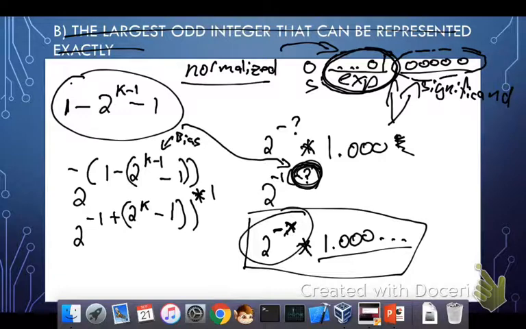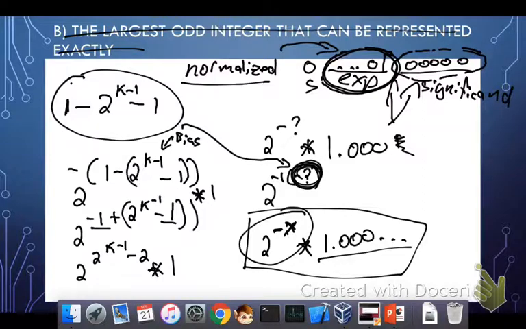That comes to then 2 to the k minus 1 minus 2. And this is all being multiplied by 1. That's the smallest thing we can stick over there. The smallest fractional portion that we can multiply by.